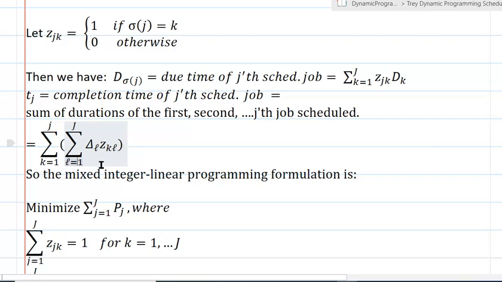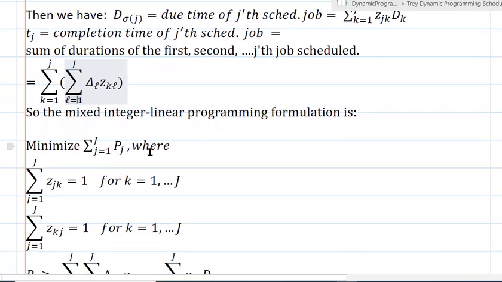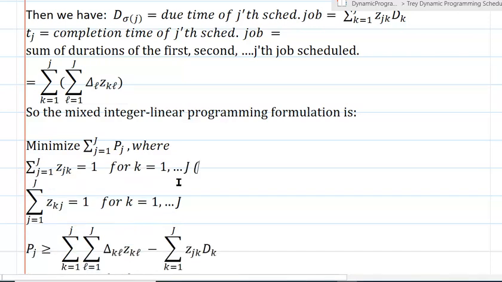So in summary, my mixed integer linear programming formulation is to minimize the sum of penalties. Now I have conditions on these z_jk's. This condition here says that only one job is scheduled at each time, or I could say at position k.